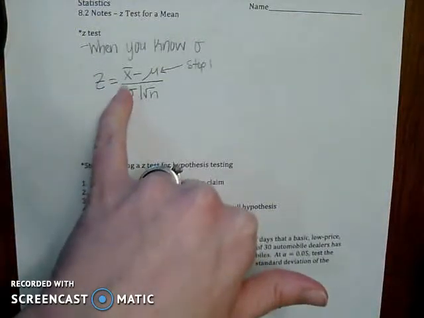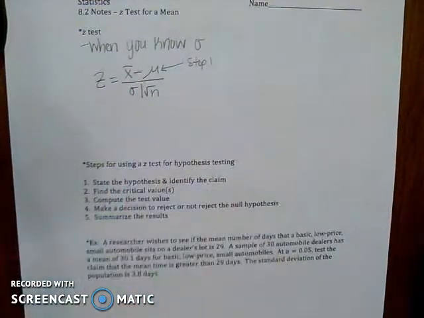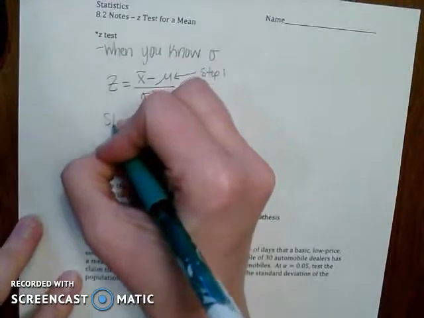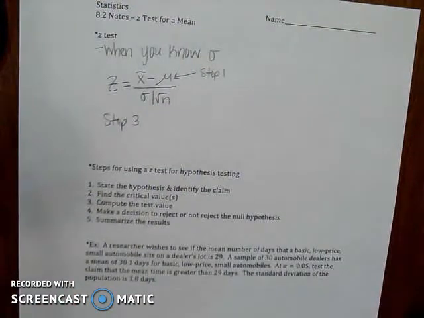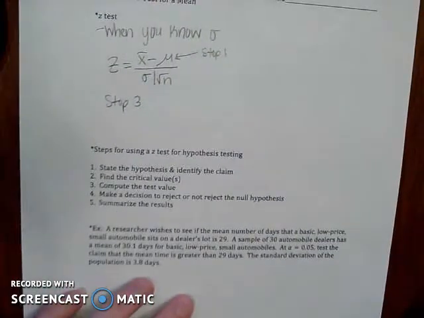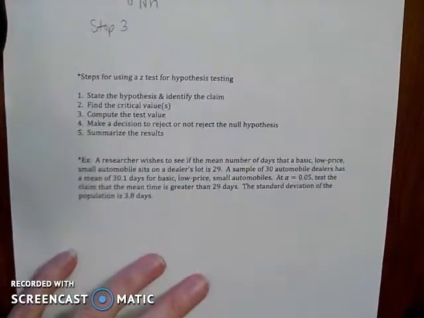This is your sample mean that you'll get from your problem, standard deviation, and sample size. All right, so this will be step 3, which you can see down here. Technically, it doesn't matter if you flip-flop step 2 and step 3, but normally it goes to step 3. All right, so this is the formula you're going to use for all of these in 8.2.